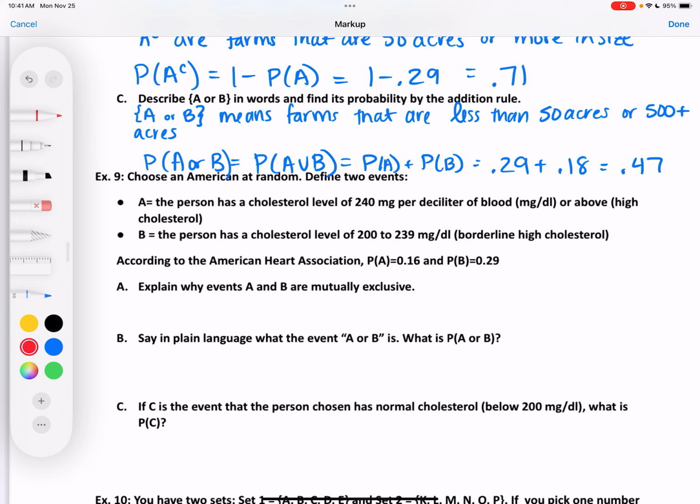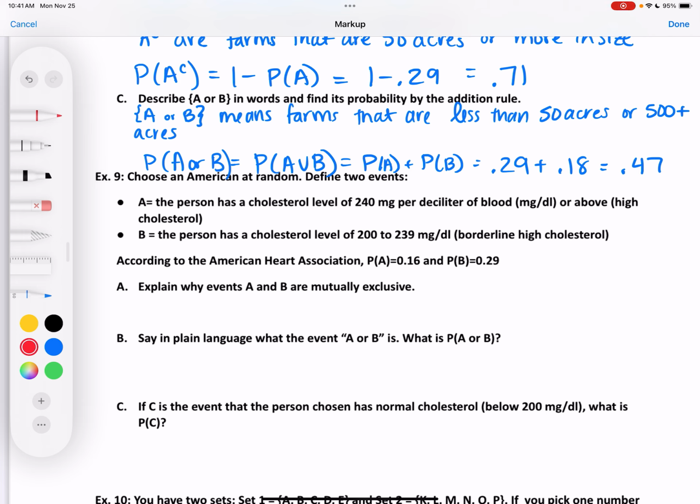So this is just in words, in the context of this problem. Why are these things mutually exclusive? Because they have different levels of cholesterol. Yeah. You can't be borderline high and high. It doesn't work that way.